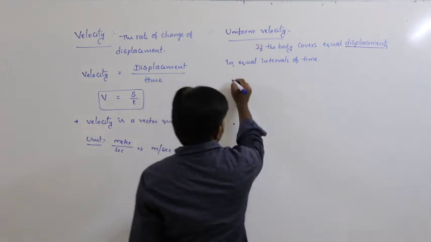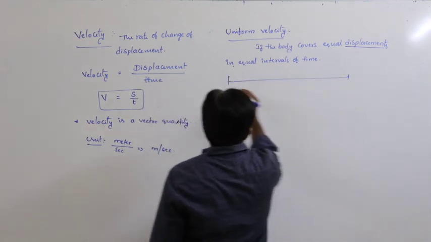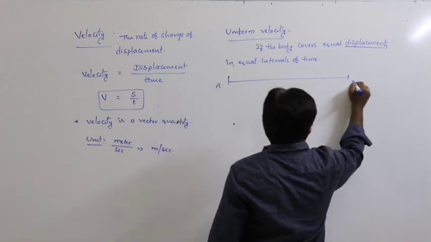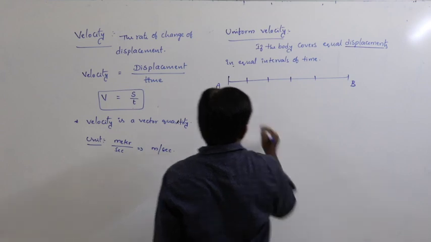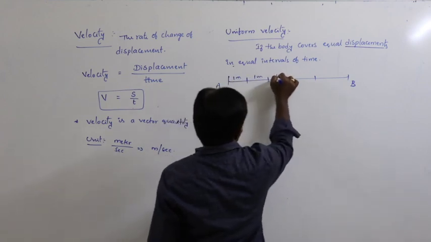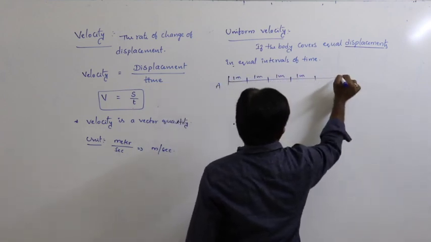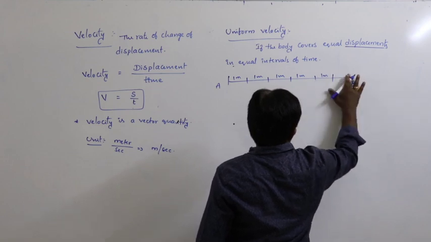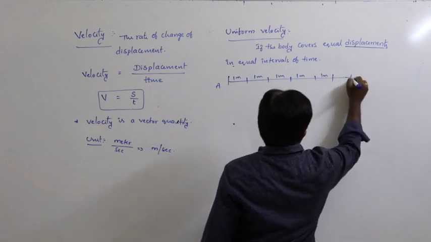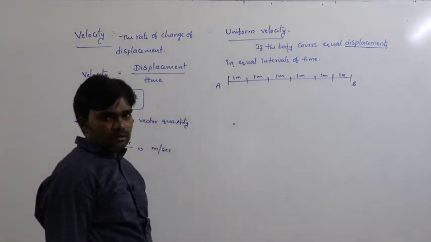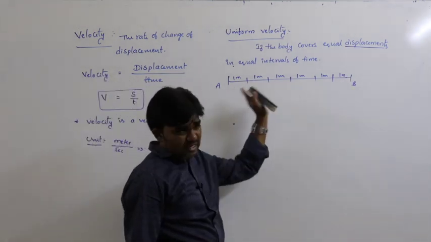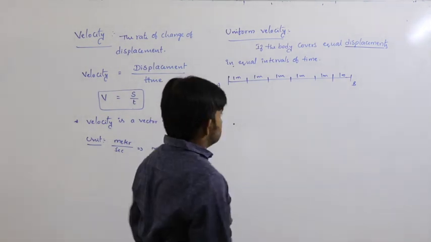Here also, let us say A and B, and the distance is divided like this: 1 meter, 1 meter, 1 meter, 1 meter. Equal intervals of distances.